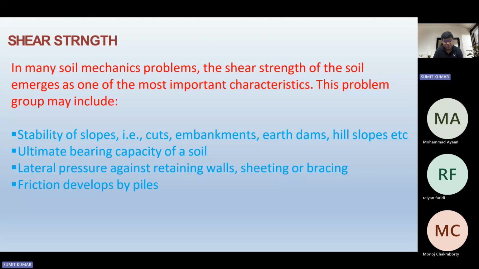When we go into the foundation, we talk about the ultimate bearing capacity. We also come across the calculation of the bearing capacity based on the shear strength criteria, or maybe settlement criteria. We'll see once we move over there.